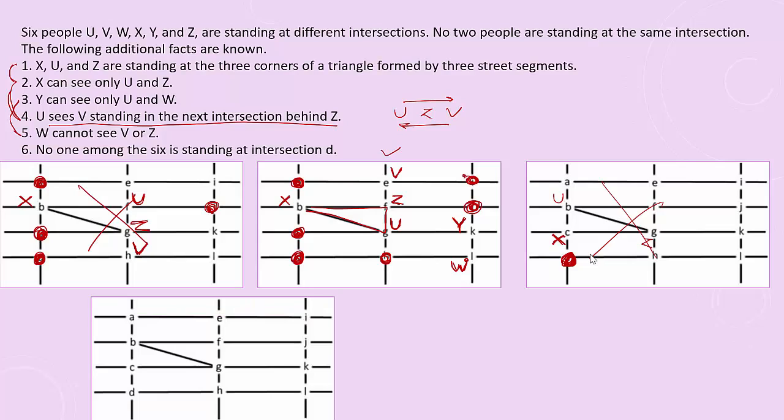Let's take the next case, where I have kept X here, here, and at this point, right? Next case, let's keep X at this point for the time being. Suppose X is at this point, right?